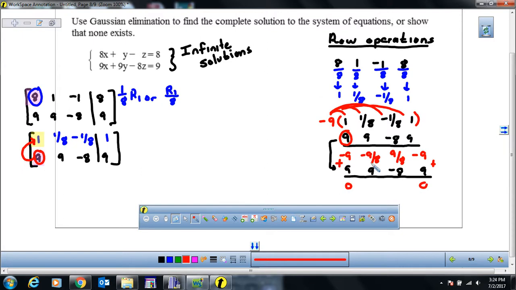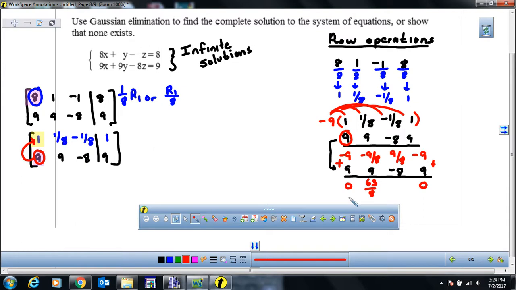Now, right here, -9/8 plus 9. 9 times 8 is 72, so 9 is the same thing as 72/8. If I have 72/8 minus 9/8, it's going to be 63/8. That's what we're going to get.